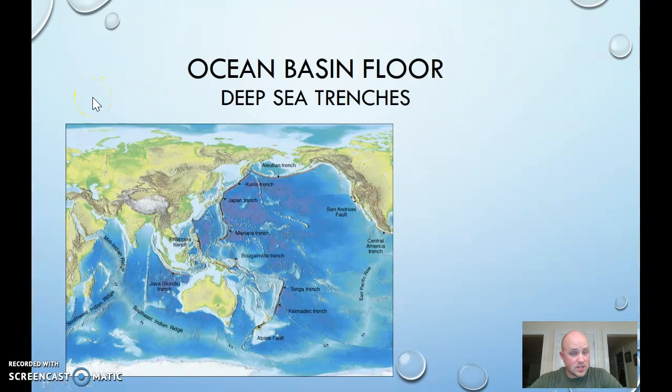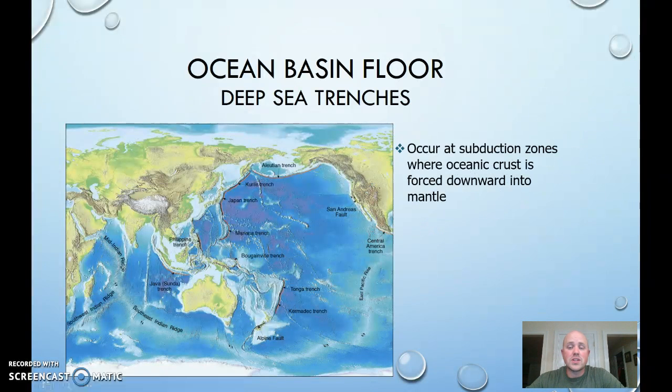So, deep sea trenches, the next feature. They occur at subduction zones where oceanic crust is forced downward into the mantle. This comes back in review to plate tectonics, which I think you did with Miss Stoddard.